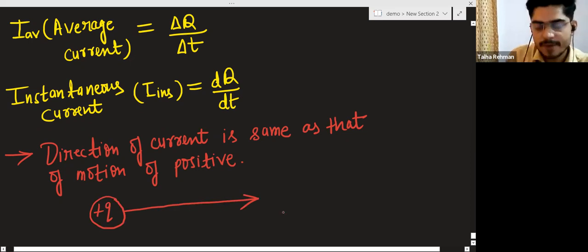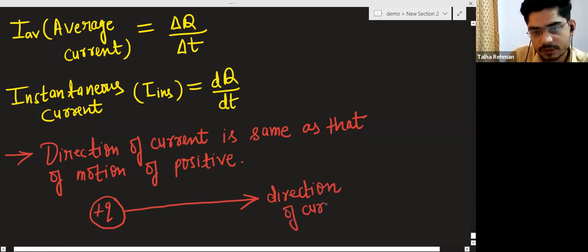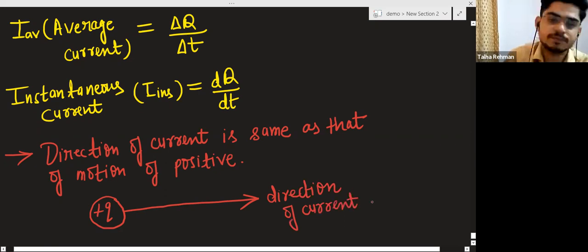So the direction of current will also be in this direction. So I am writing here, the direction of current will also be in this direction.